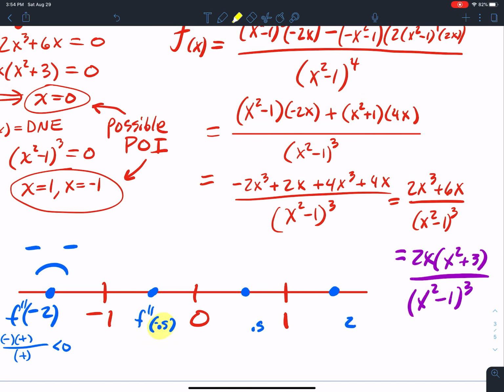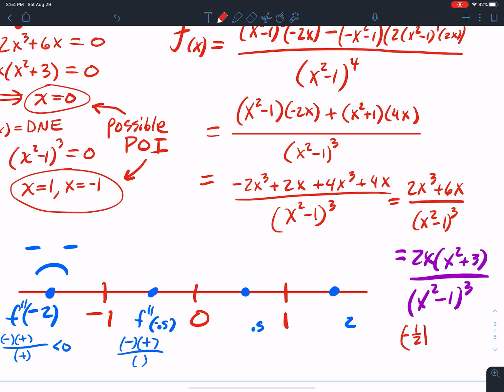Okay, concave down. The next one, negative 0.5. If I plug negative 0.5 in here, I get a negative times a positive, which is negative. If I plug in a negative here, but it's squared and I add 3, that's still positive. And then here is negative minus a negative. If I plug in a negative, that's a small positive, because I'm squaring it, and then minus a bigger negative makes it all negative. If you don't believe me, just plug it in.